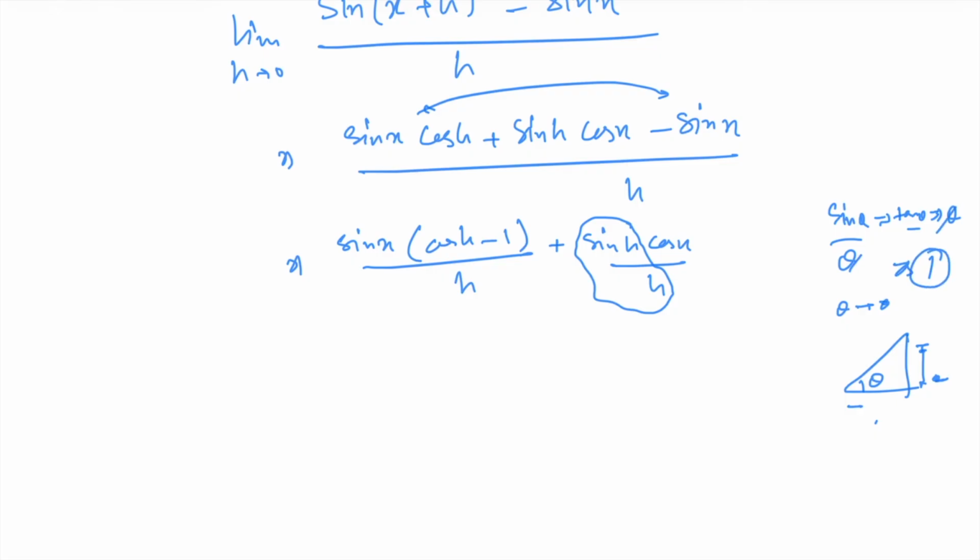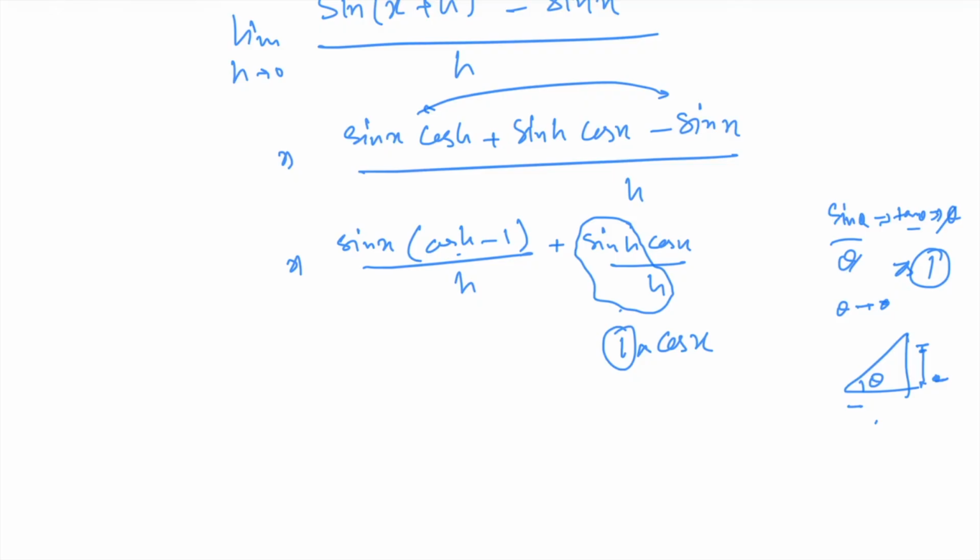So we can put this result 1 into cos x, and in similar fashion, when theta becomes very small, this cos function becomes 1. Why?